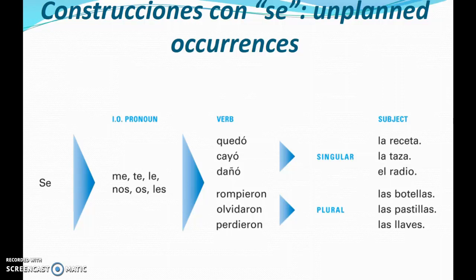We say the pills forgot themselves and it affected us. So we don't have it. Y so, se nos olvidaron las pastillas. Okay. Or the keys lost themselves and it affected me. Se me perdieron las llaves.